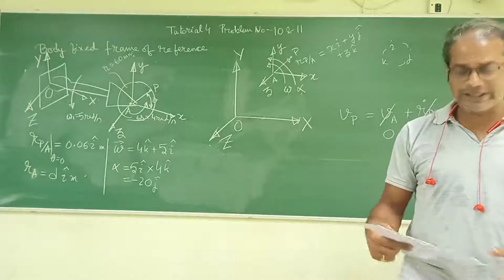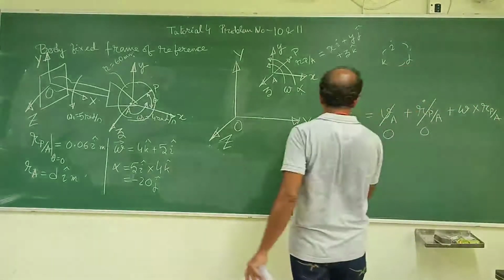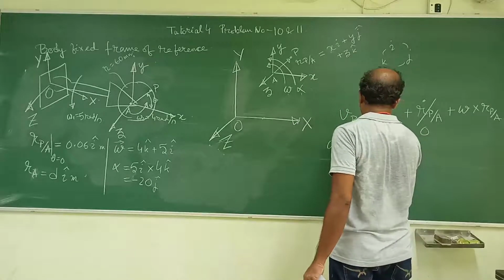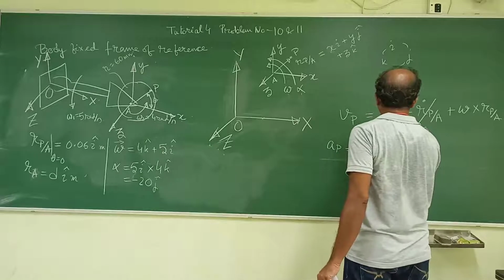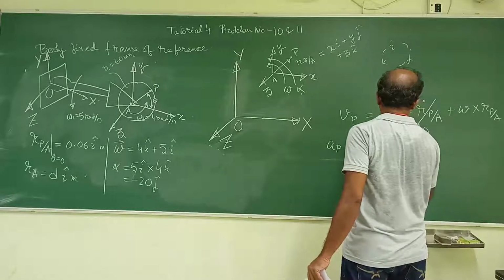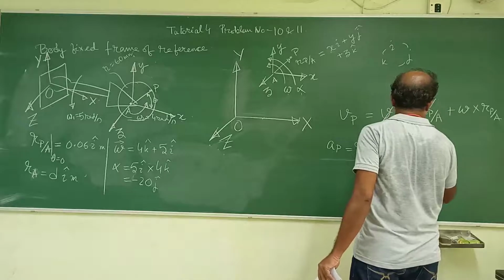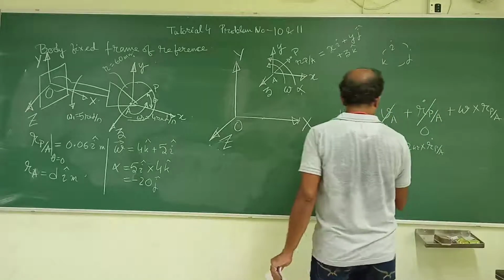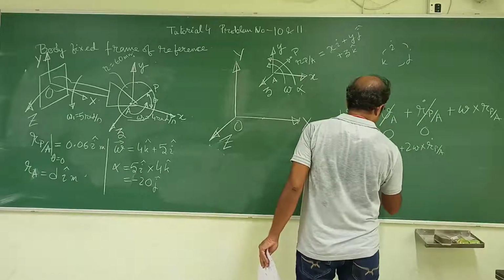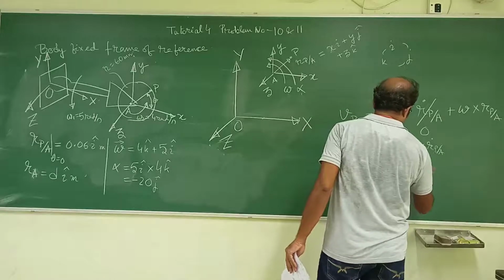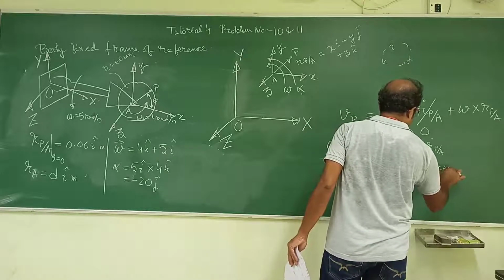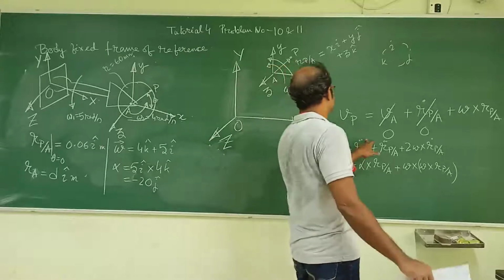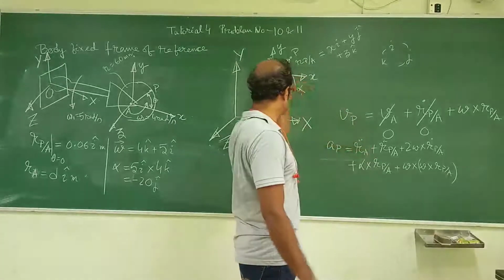Now I'll be directly going to the acceleration. So for the acceleration of point P, what is that? It is RA double dot plus RP by A double dot plus twice omega cross R dot P by A plus alpha cross RP by A plus omega cross omega cross RP by A. So that becomes the moving frame acceleration.